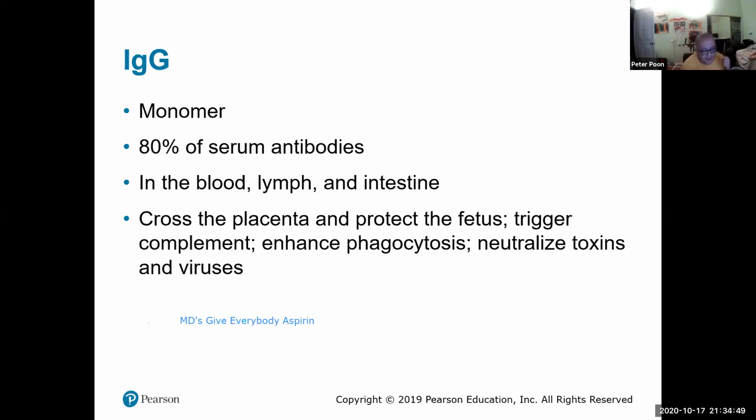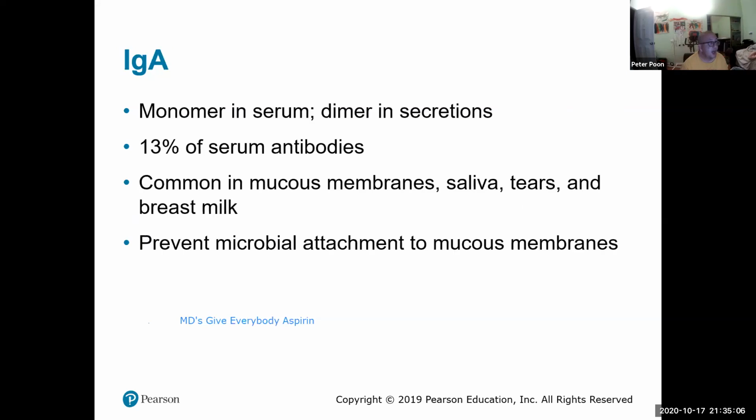Remember, viruses have to attach and undergo this whole process to get in. If it can attach to the binding site of the virus, then that prevents the virus from binding to the cell.